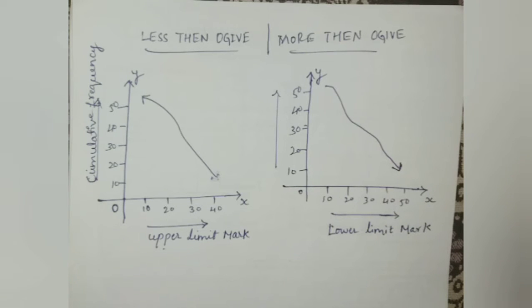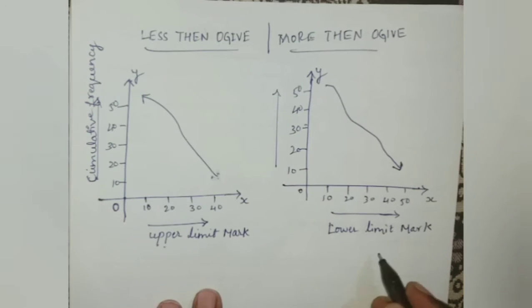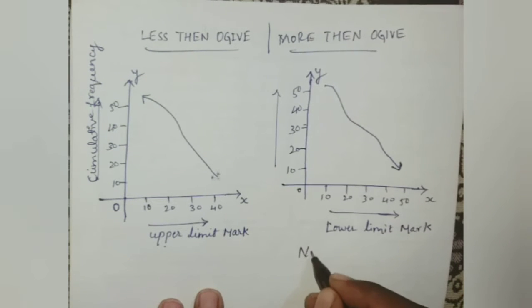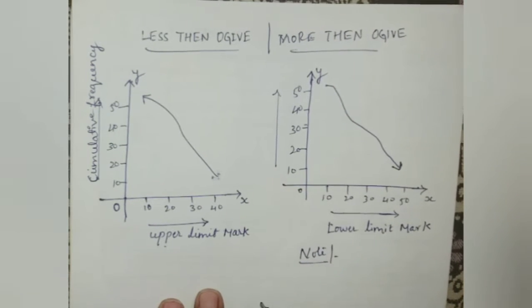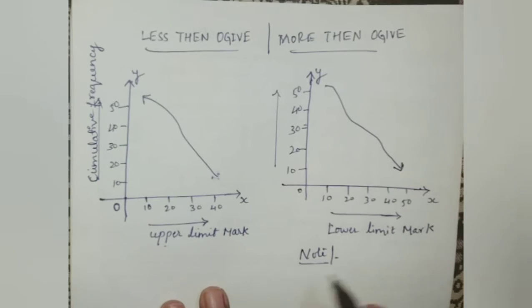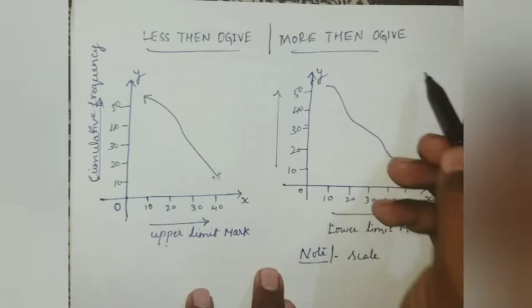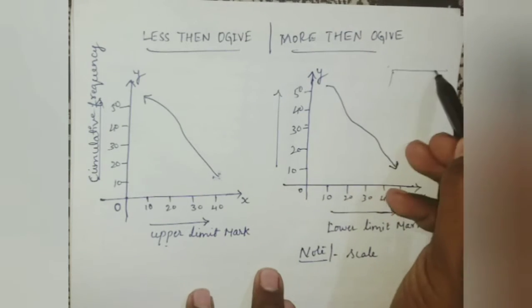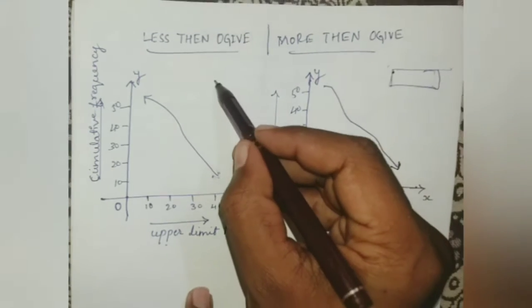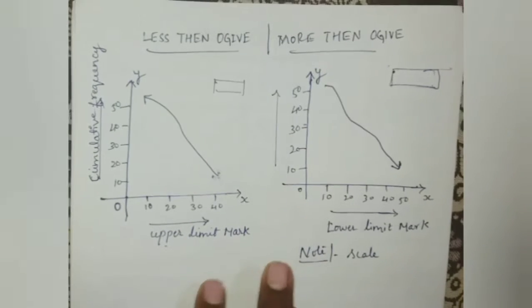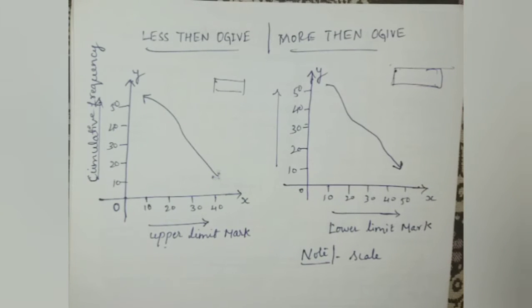Okay, so see, we have a note. While doing a graph, you need to write the scale first. At the top of the graph you need to write the scale, and while doing the graph, I'll show you how to write it.